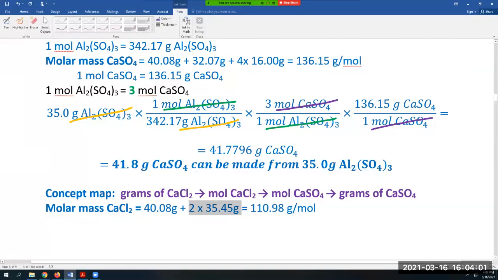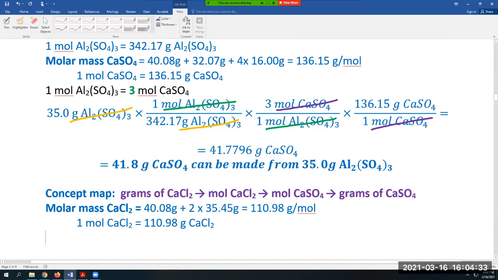You add this up and it's 110.98 grams per mole of calcium chloride. Again, always keep 2 decimals if your given molar masses have 2 decimals. Written mathematically as an equality: 1 mole of calcium chloride is equal to 110.98 grams of calcium chloride.